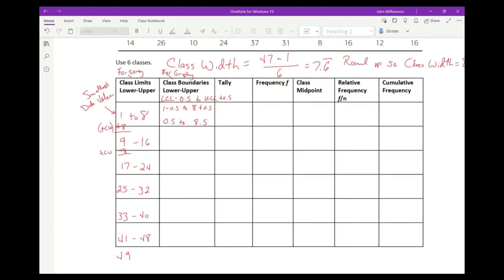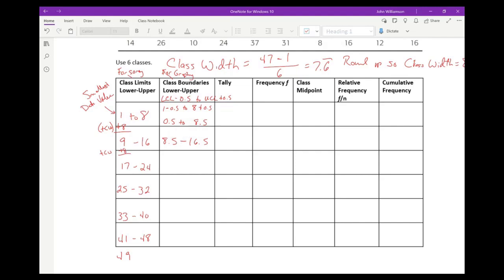So my next class, so 9 minus 0.5 since it's a lower limit, which would be 8.5. And then 16 plus 0.5 since it's an upper limit, 16.5. Notice these two are the same, right? That's by design, because when we're graphing it, we want the classes to touch.